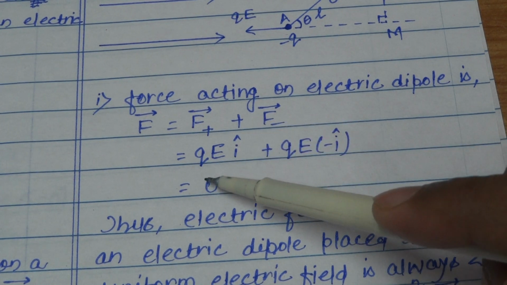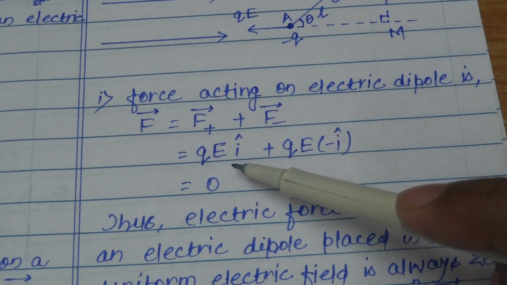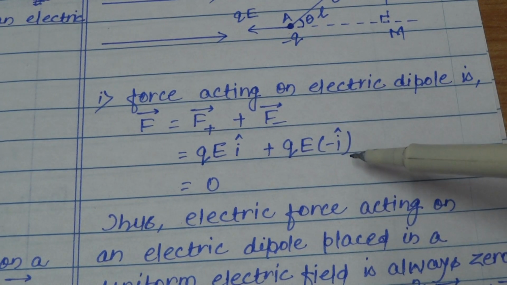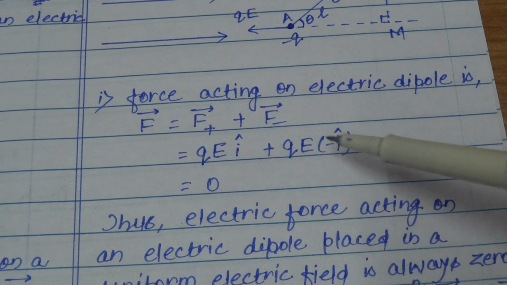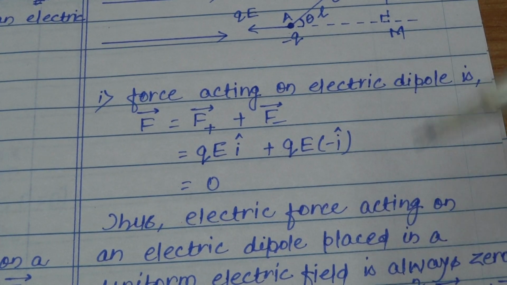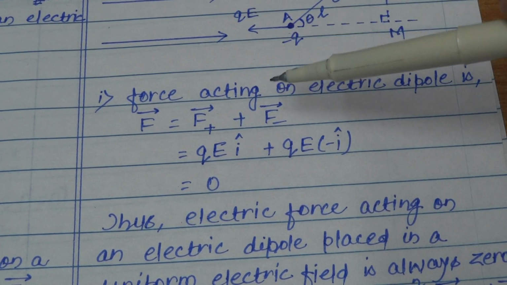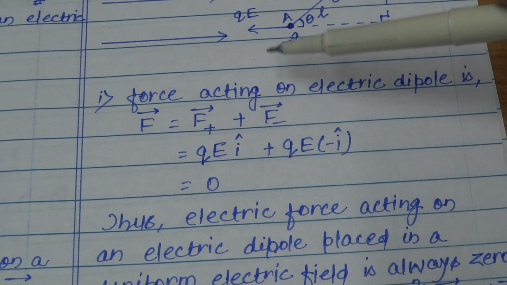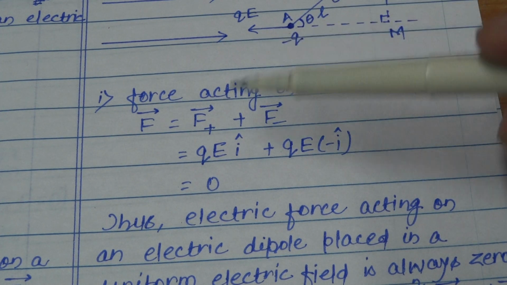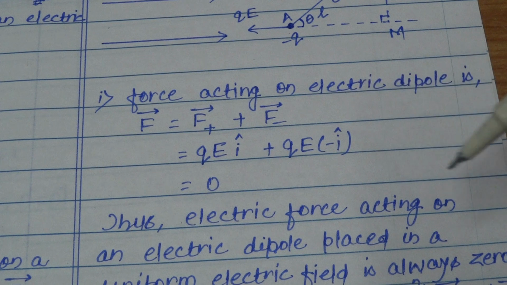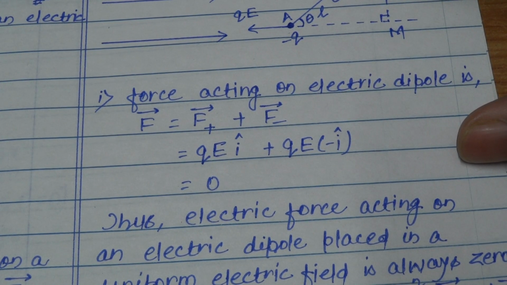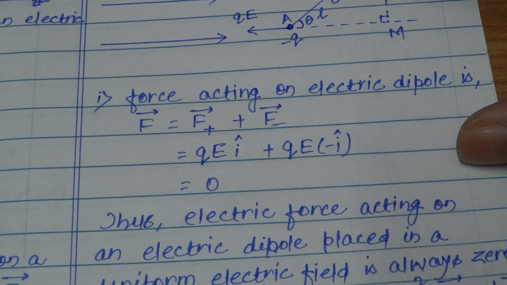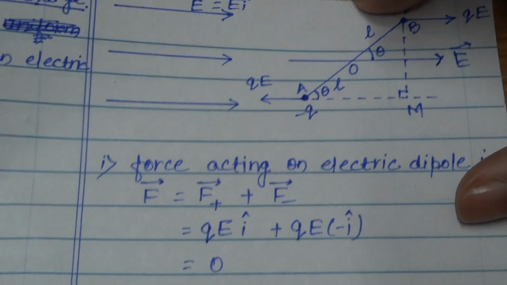The force acting on the positive charge is QE i cap, plus the force acting on the negative charge is QE into minus i cap. If you add those two, you will get 0. It means the net force acting on an electric dipole placed in a uniform electric field is always 0, whatever be the angle between the electric dipole moment and the electric field intensity.